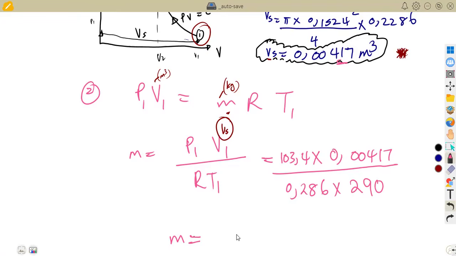That was going to be 0.0051986, which is 0.005 kilograms. If you write your answer as kilograms, it is the same as writing kilogram per cycle. There's no difference there. So once they say per cycle, you use V1, provided that there's no clearance.